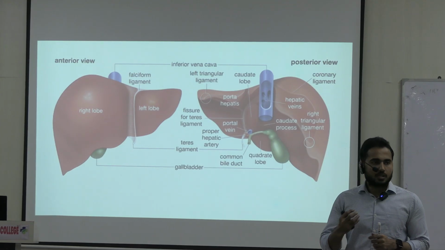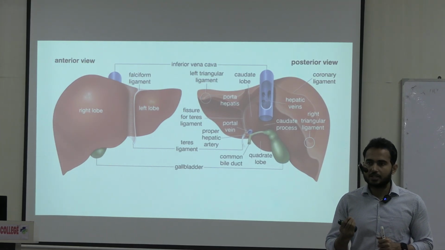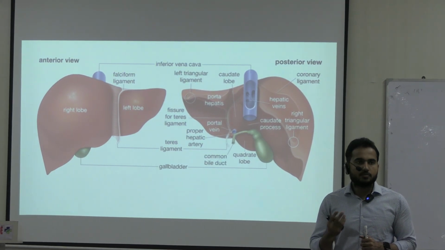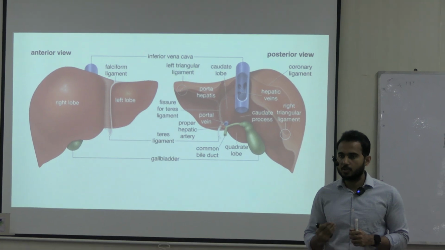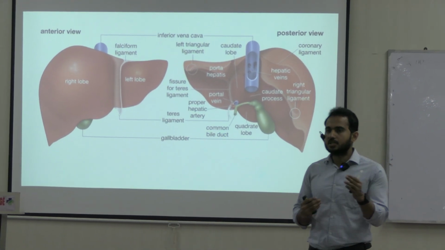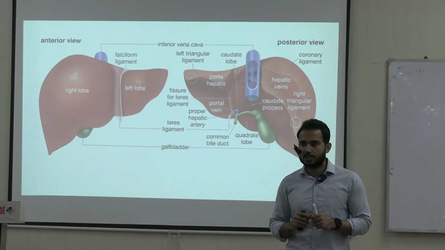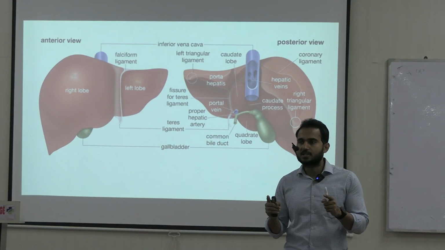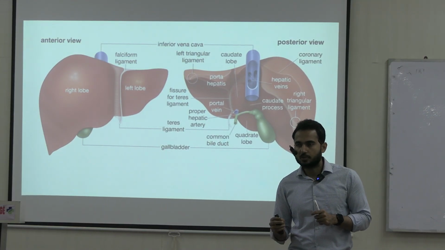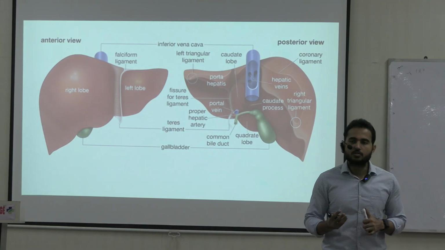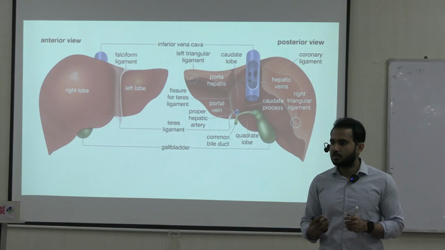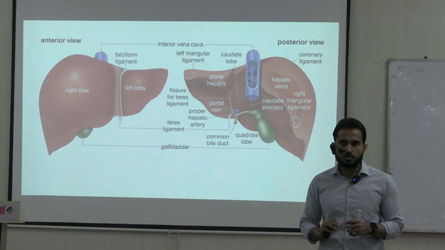So the bile which is produced in the liver has to come out. When it is coming out, there are 2 different pathways from which it comes out. Now what is the function of bile? Emulsification of fat, as you know.